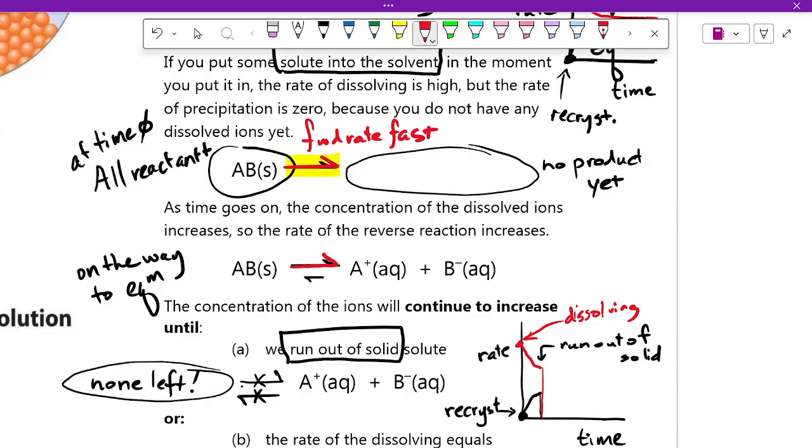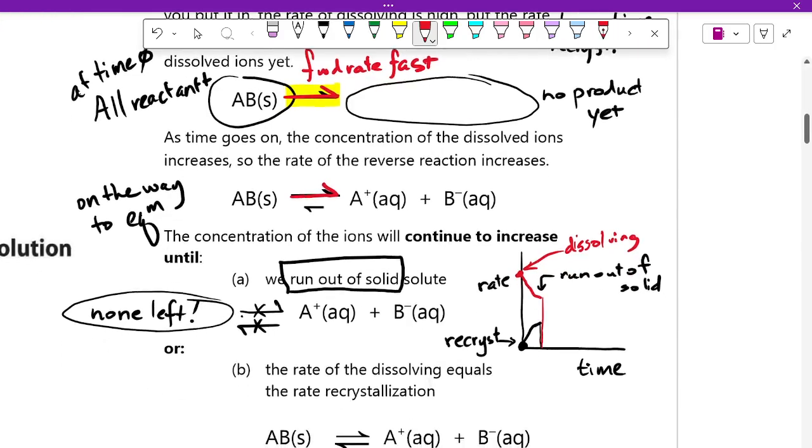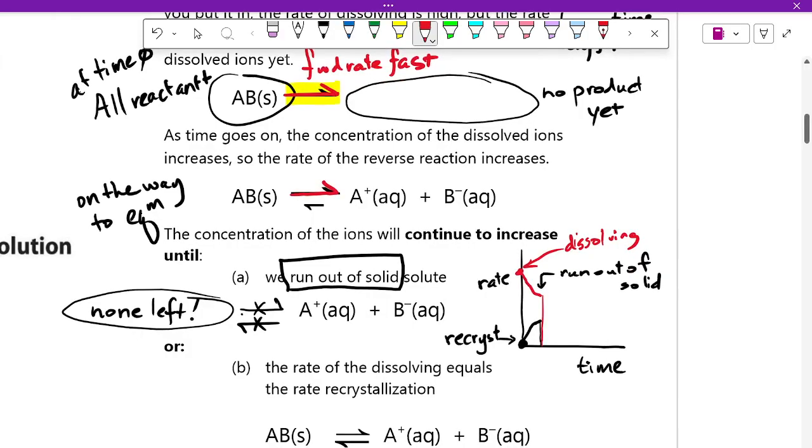Are you going to have to draw this graph? No, but you should be aware that if we run out of the solid, this solution will be unsaturated.